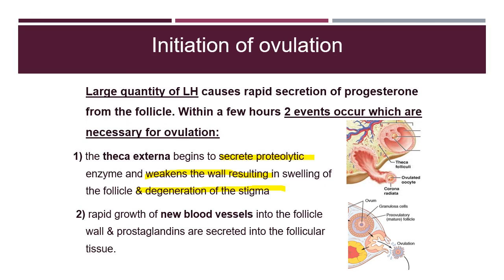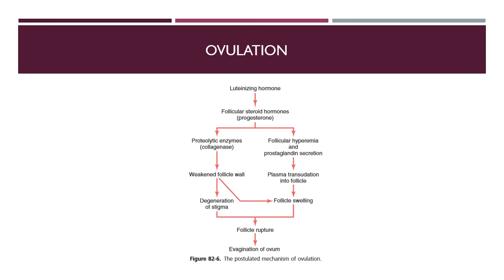Then there will be a rapid growth of new blood vessels into the follicle and release of prostaglandins, which will be secreted into the follicular tissue. So after these events, ovulation will start.